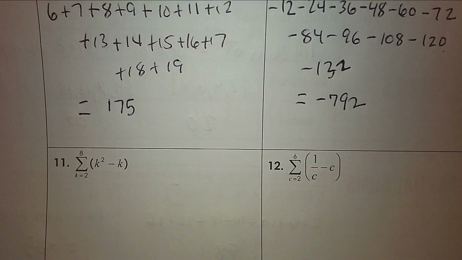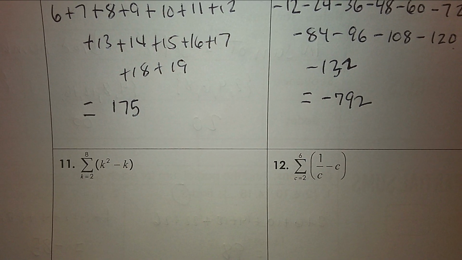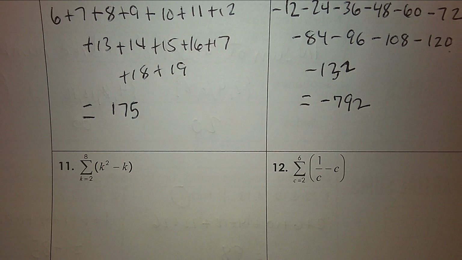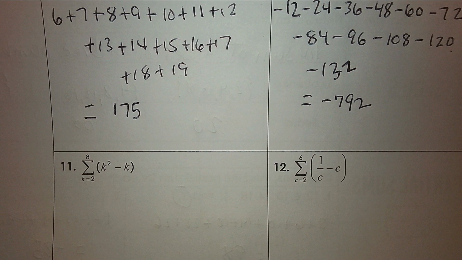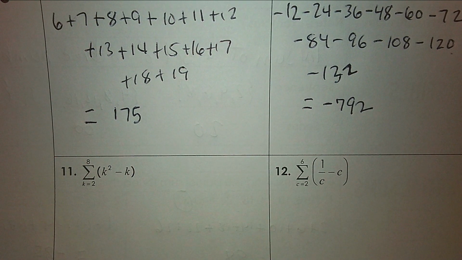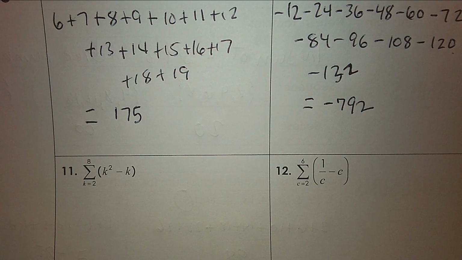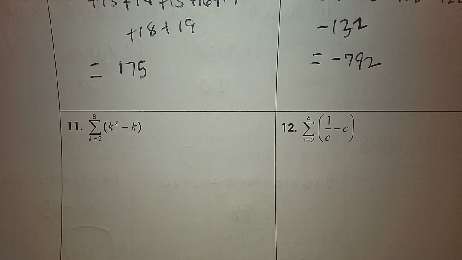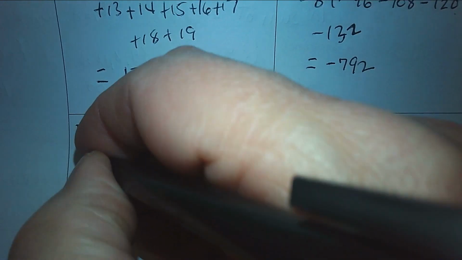Okay, number 11. Can you look at the rule for number 11? Is that arithmetic? Good. So you're going to have to do it. And what number are you starting with? So you're going to plug in 2 and you stop when you plug in 8. Go for it. So if you plug in 2, it's 2.